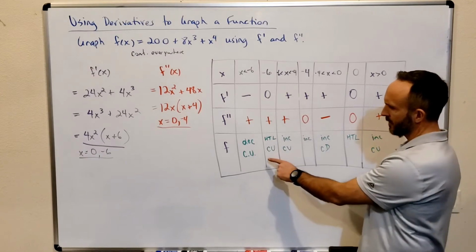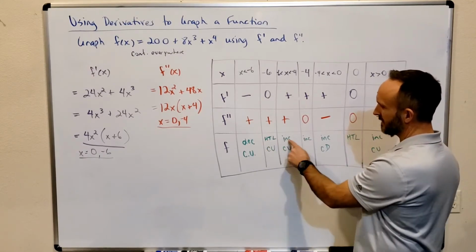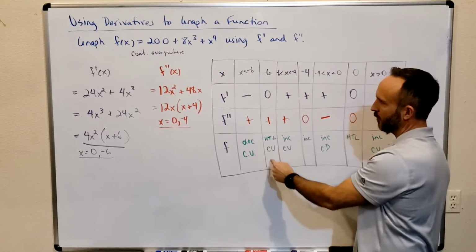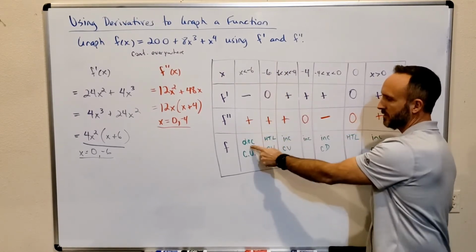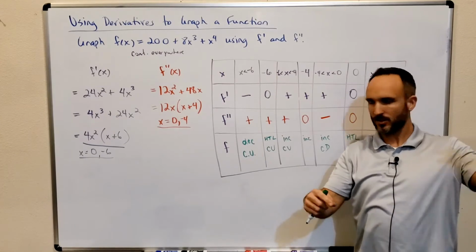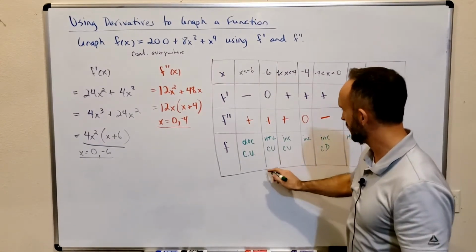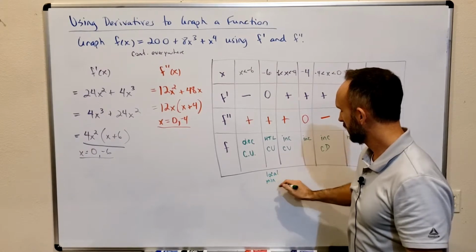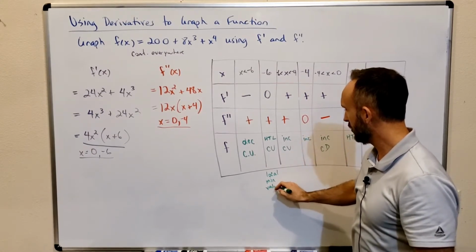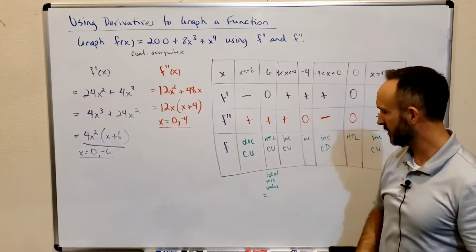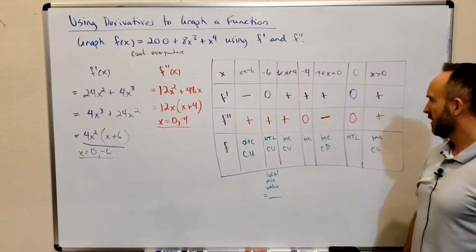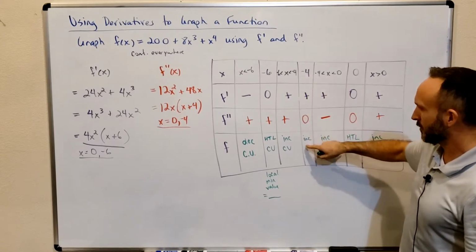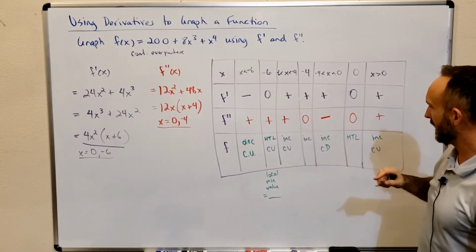So here, our function goes from decreasing to increasing at negative 6, and we know that the function is continuous. So if we're going from decreasing to increasing, that means that this point at negative 6 is a local minimum. So we need to figure out the value of that. We'll do that momentarily. Let's see. At negative 4, we're increasing, so we don't have a local min or local max.